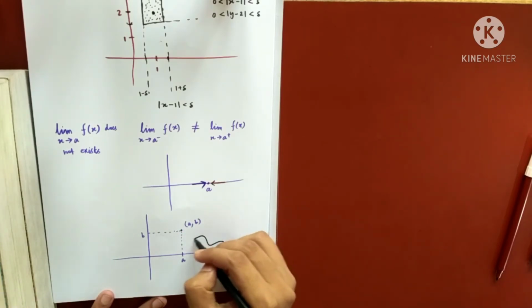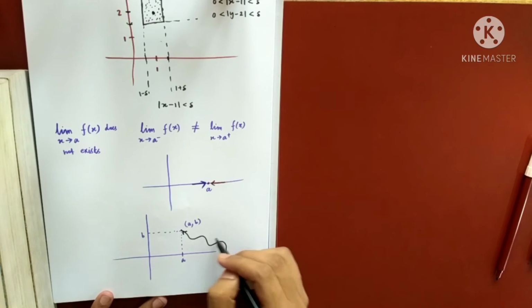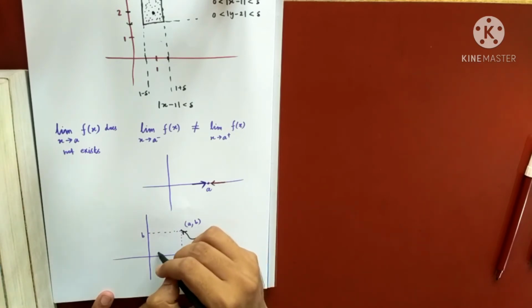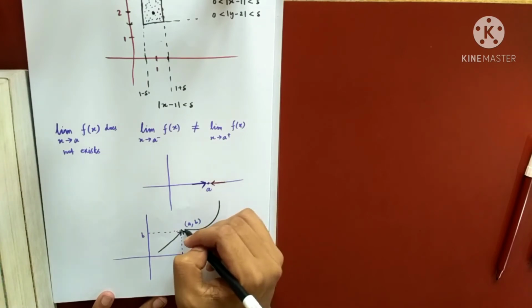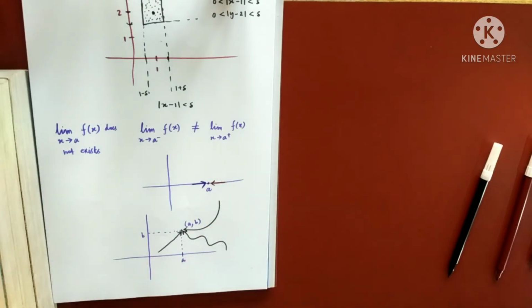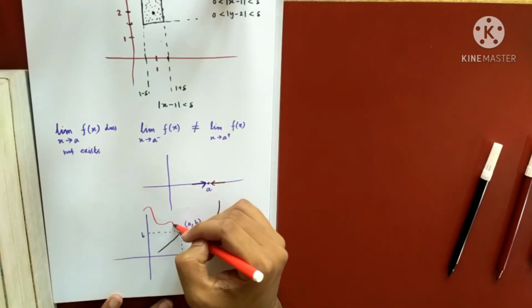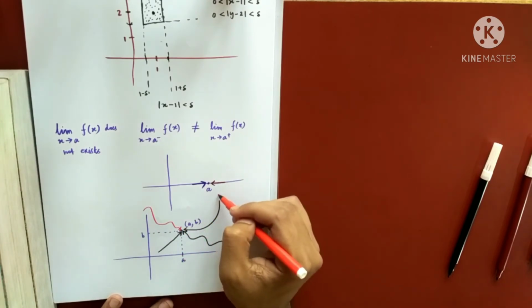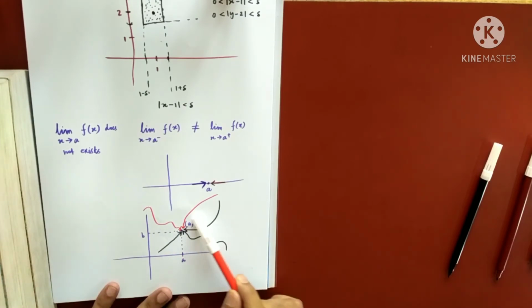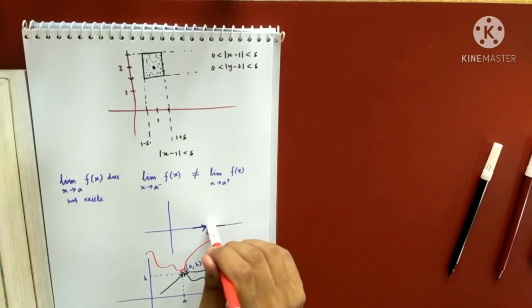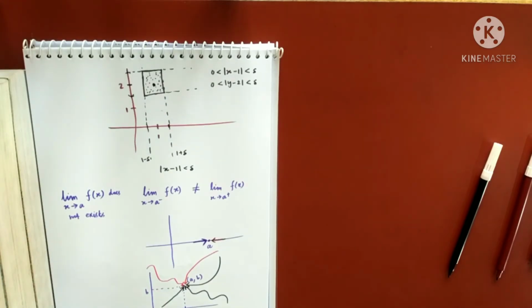You can approach taking exactly this path that I have drawn, using this line, using this curve, using this function. There are many ways of approaching this point, which was not the case here. Here there were only two ways, either from left or from right.